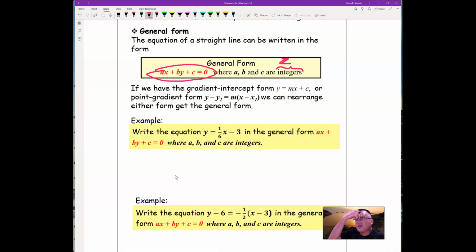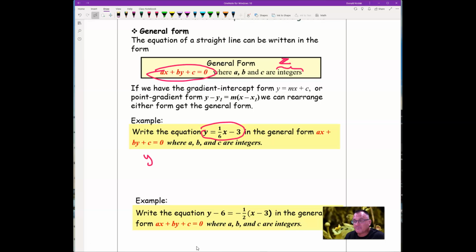If you have gradient intercept form, slope intercept, or point gradient form, we can rearrange either one to get it in general form. That's what we've been doing. But I just put some in here with fractions. All right, so I'm going to change this into the general form.